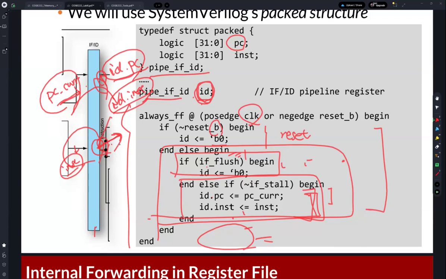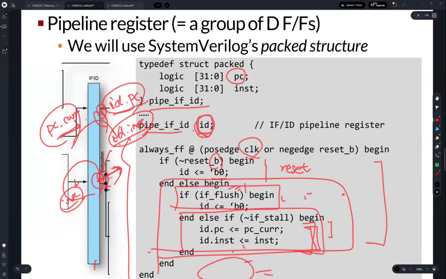Okay, so actually the behavior of the first pipeline register, the instruction fetch slash ID pipeline register, is already defined in the skeleton code. So it's defined here, right?